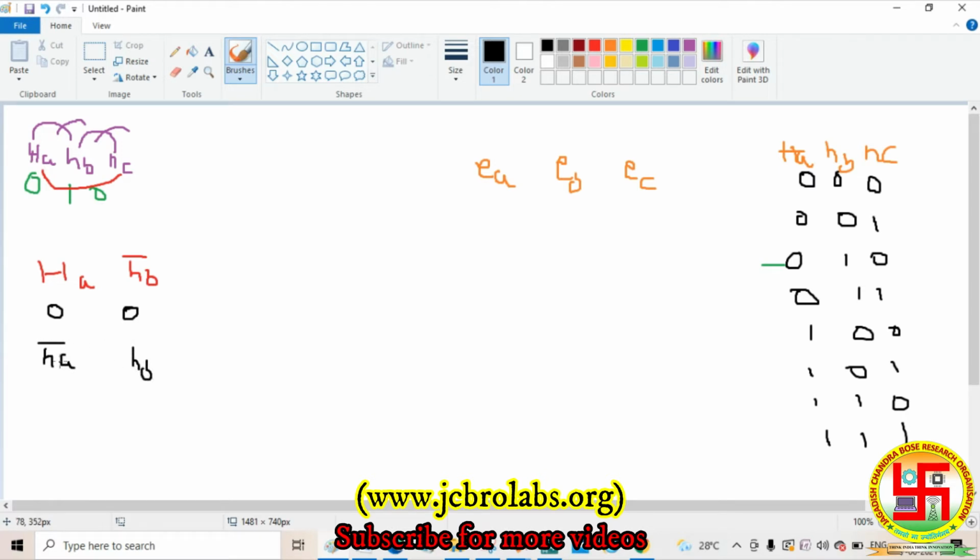What is HA? 0, 0 bar is 1. HB is 1. If you give both inputs to an AND gate, you will get 0. If you give both inputs here, you will get 1. So here this one is 0 and this is 1. The upper one you take as positive, the lower one as negative, and you get induced EMF A as minus 1.